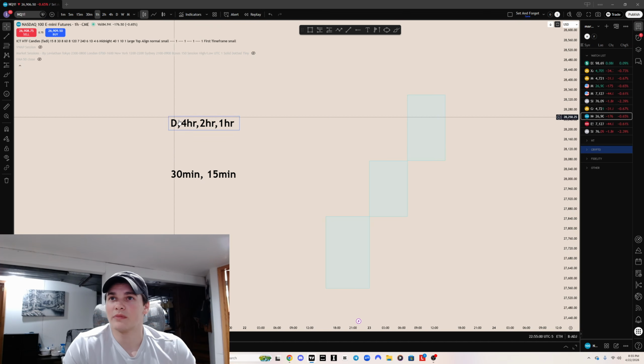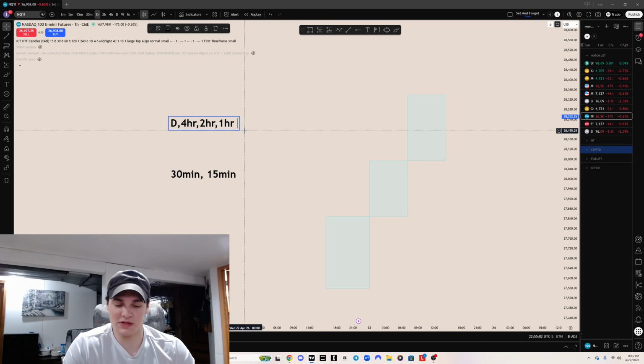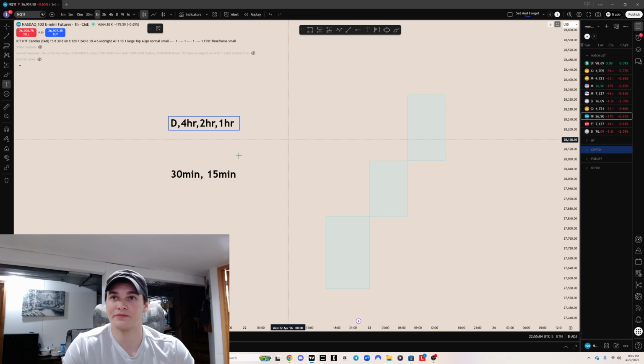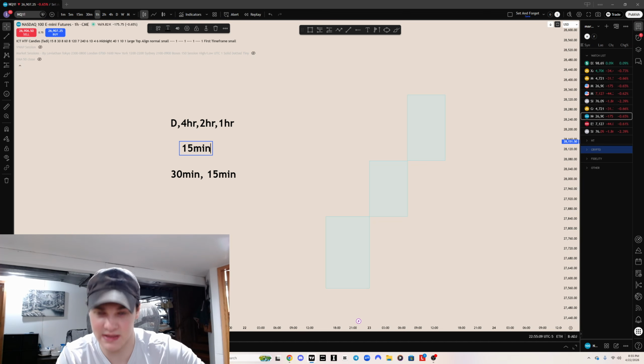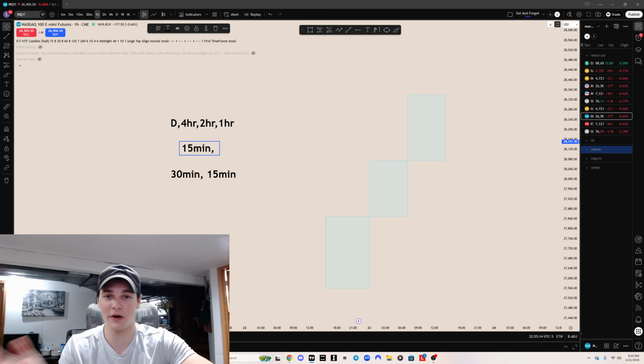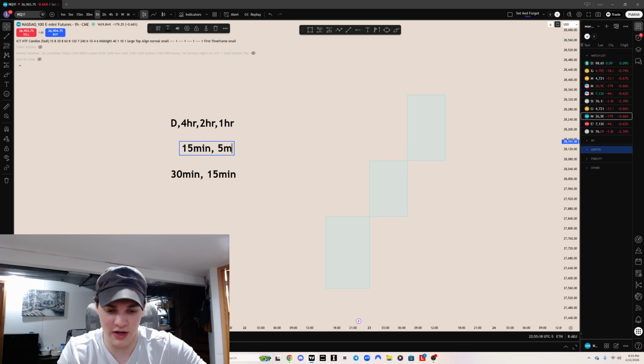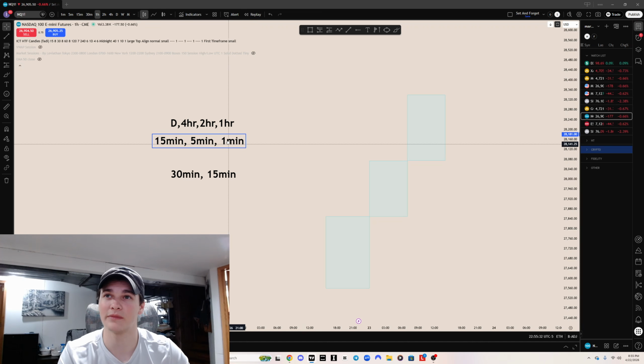But now let's get the time when we're supposed to be entering on these time frames. So the daily will be the 15-minute time frame. This is more if you're a swing trader or day trader, you want to hold trades for longer. 4 hour will be entering trades on the 5-minute. 2 hour will just be 1 minute, and also 1 hour is going to be 1 minute.